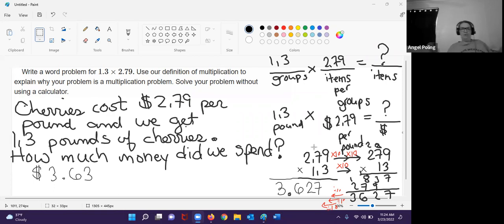So solve your problem without using a calculator.